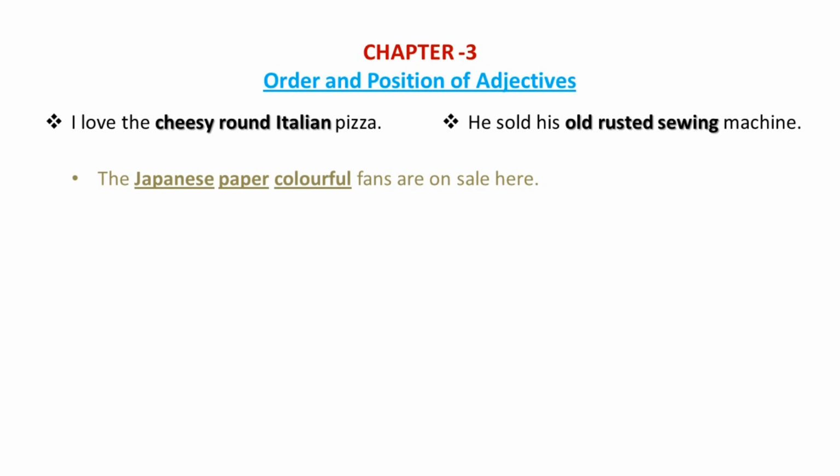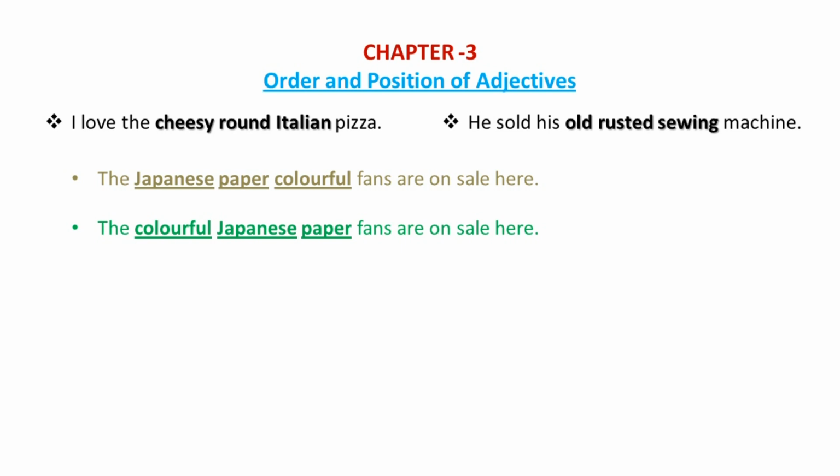The Japanese paper colorful fans are on sale here. When you hear this sentence, you feel that there is something odd, something is not right. In this sentence, the adjectives that describe fans are not ordered properly. Let us see what is the right order.